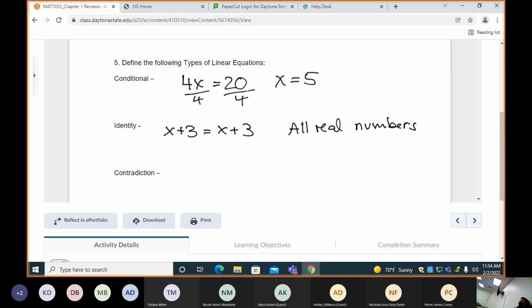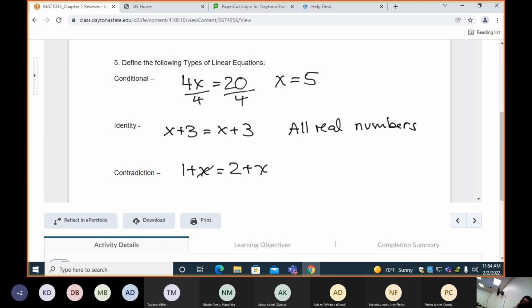Contradiction. Give me an example of a contradiction. That would be like if we said 1 plus x equals 2 plus x. That is correct. That would be a contradiction. Nicholas is saying 4 equals 7. That is also a contradiction.